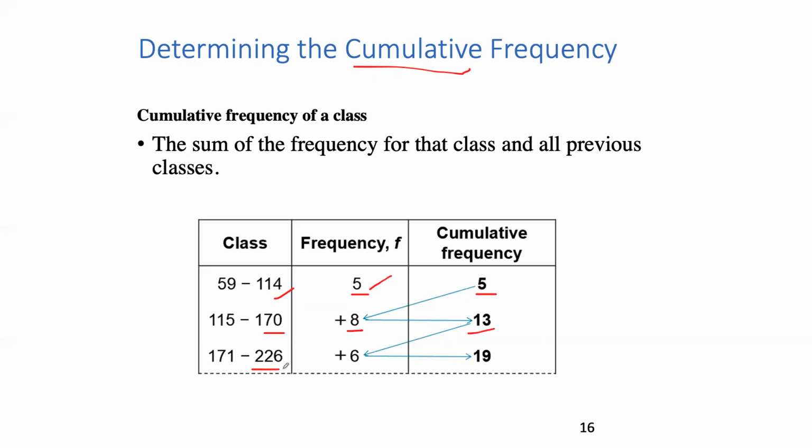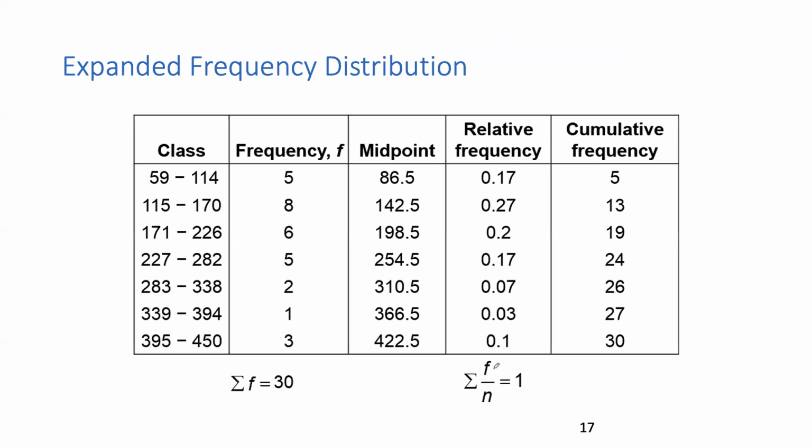So by the time I hit the entry 226, the cumulative frequency is all the entries I would have seen by the time I hit 226, which is the 5 entries in the first class, plus the 8 entries I would have seen in the second class. So that's 13 entries, plus the 6 additional entries in the third class, which tells me that I've seen 19 total entries. Okay.